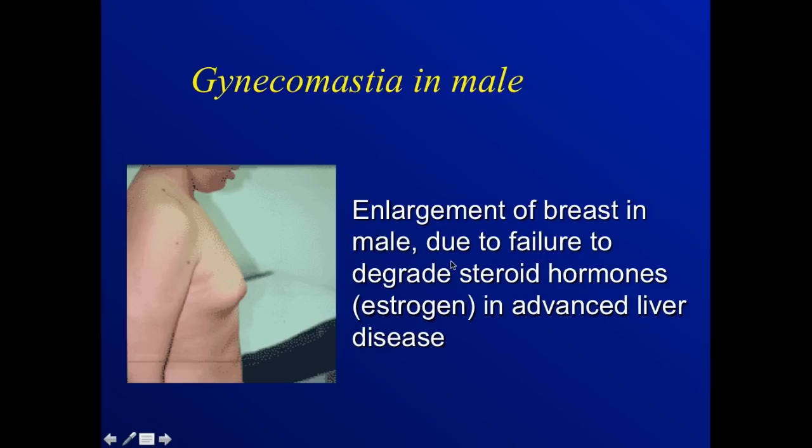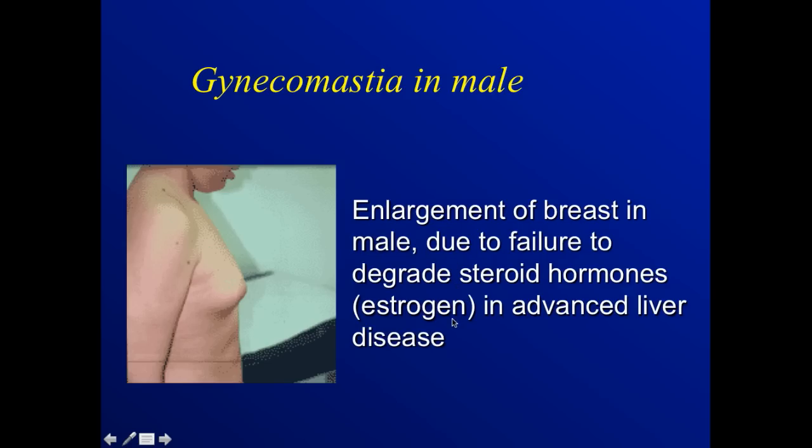Yeah? Right. Now, what happens if there's a problem with the liver, for example chronic liver disease like liver cirrhosis, or chronic hepatitis? So all the functions of the liver that I described just now may be affected. Not all, maybe some of them will be affected. In chronic liver disease like liver cirrhosis, you can see in males enlargement of the breast due to failure to degrade the steroid hormones.